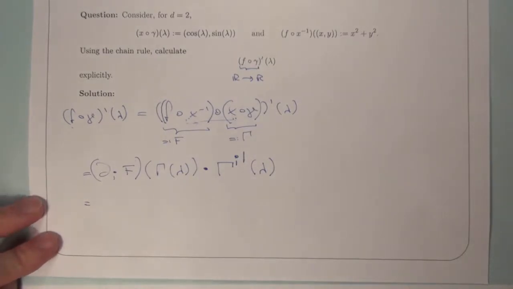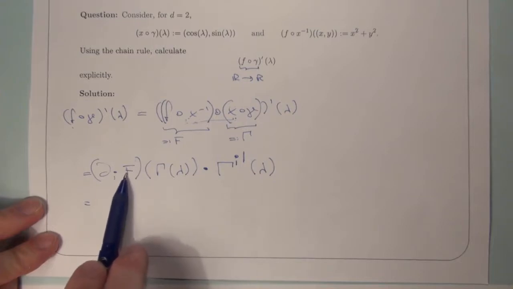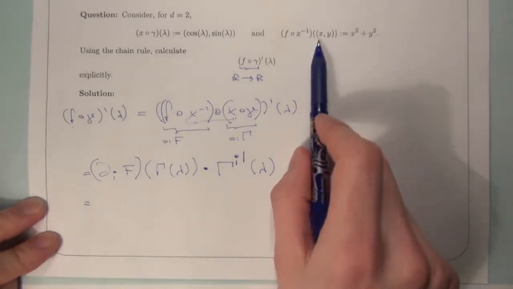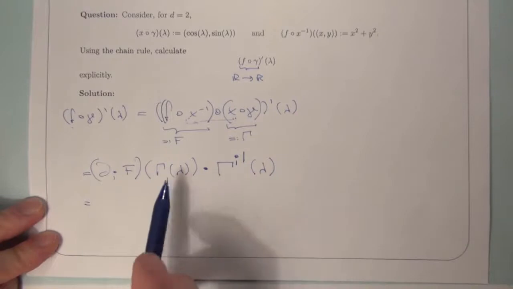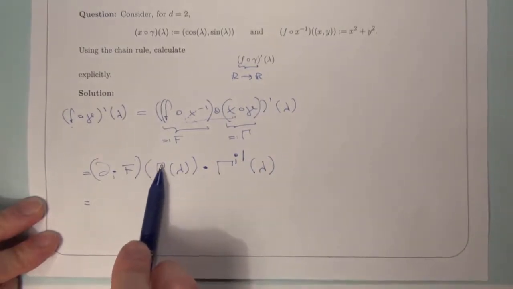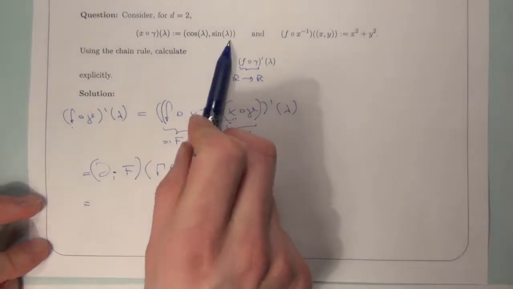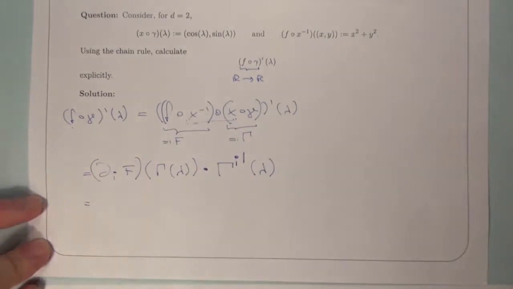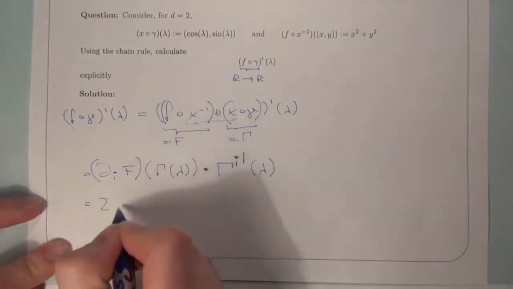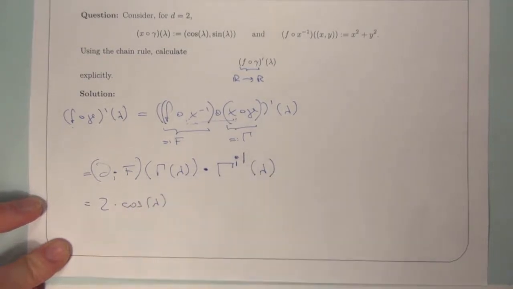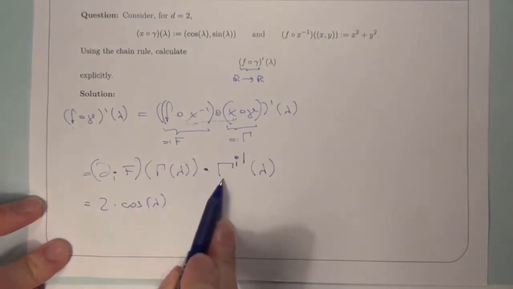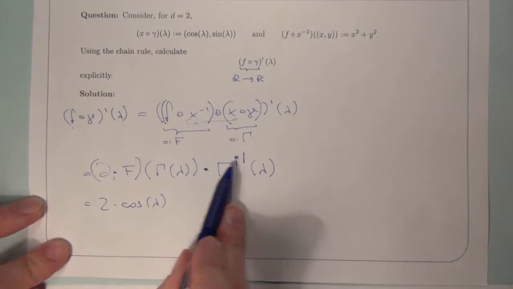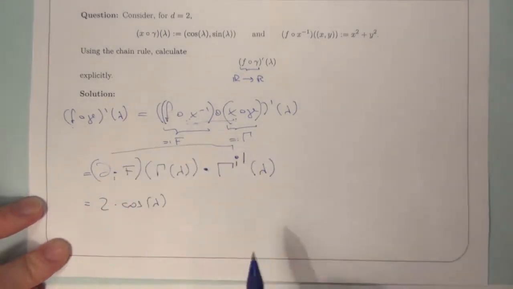Okay, so deriving f with respect to the first component yields 2x. We would have plugged in x and y, but we plug in the capital gamma, which is cosine, sine. So we evaluate this derivative at cosine, sine. That means we have 2 times cosine of lambda, times the derivative of the first component of capital gamma, and of course here it's summed over, we had this before.